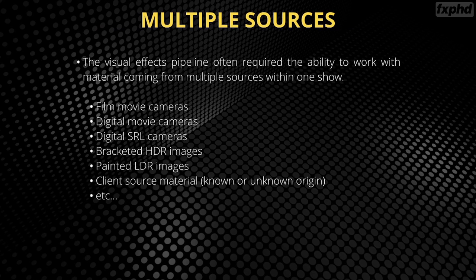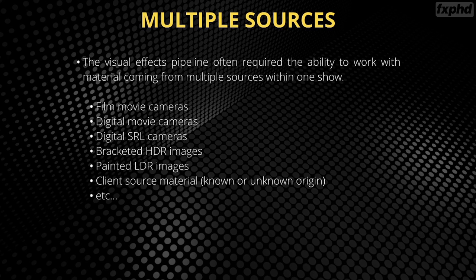Now, one of the things we have to think about are the multiple sources of information that are going to be coming into our pipeline. And depending on what you're doing, you're going to have lots of different things coming in, probably just for one show, let alone all the projects and all the shows you're going to be working on. So for instance, is the footage coming in from a film camera, or is the footage being shot digitally like on the Red or the Alexa? Are we getting material from a digital SLR camera for maybe textures, that kind of thing?